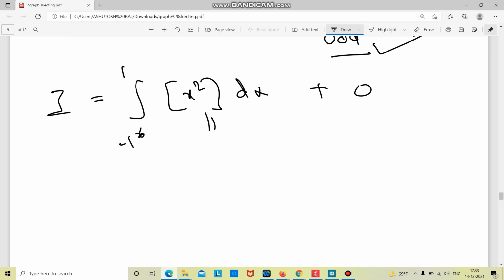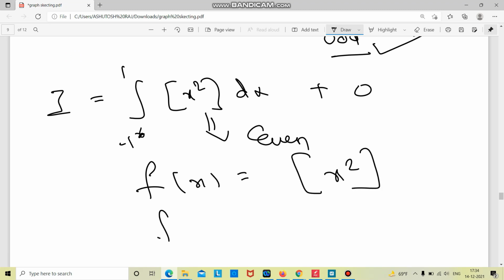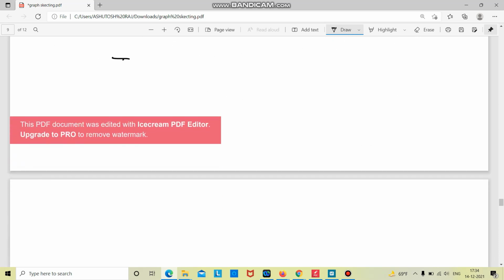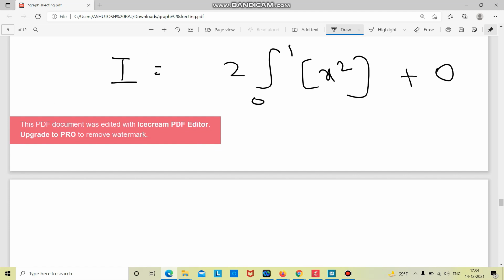Now we can see that this is an even function. We can prove it: f of x is the greatest integer of x square, and f of minus x is also the greatest integer of x square because minus x whole square is this only. So it is an even function. So our I becomes 2 into the integral from 0 to 1 of the greatest integer of x square, plus 0.